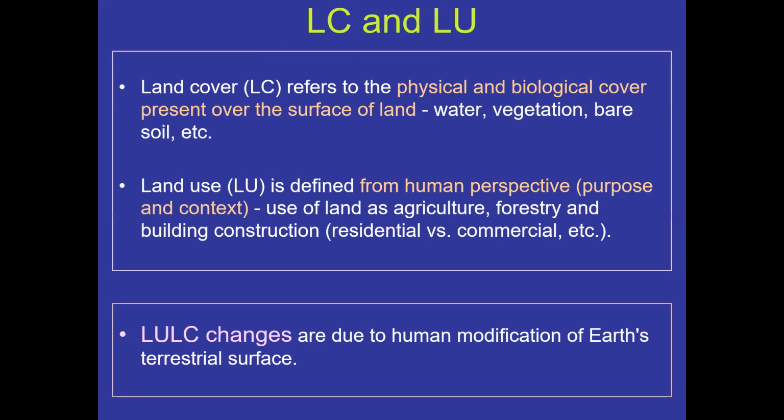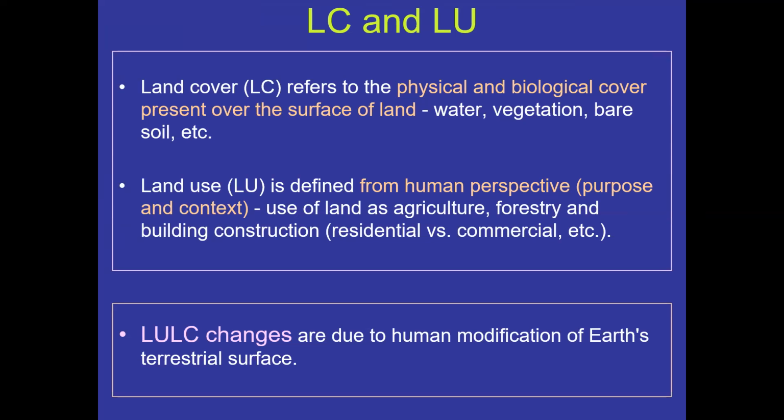The first term is land cover, which refers to the physical and biological cover present over the surface of land. For example, it can be water, vegetation, soil, etc. There is another term, land use. And land use is actually defined from how humans are utilizing the land. For example, we can utilize the land for agriculture or for building construction, which can be either residential or commercial, and so on.